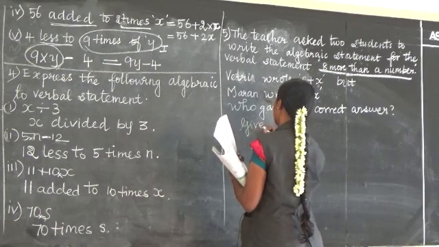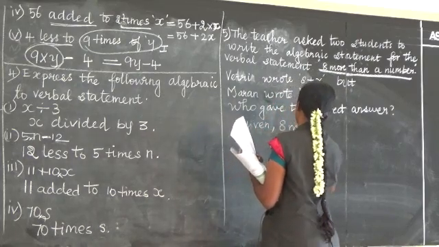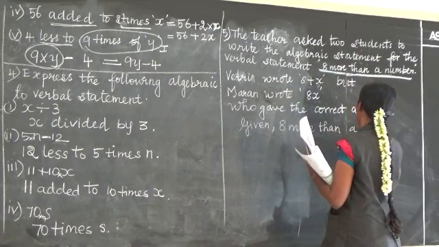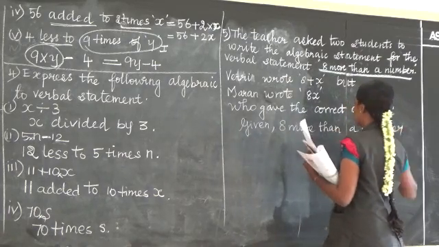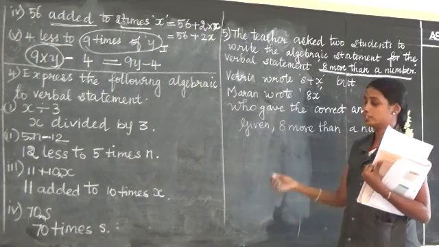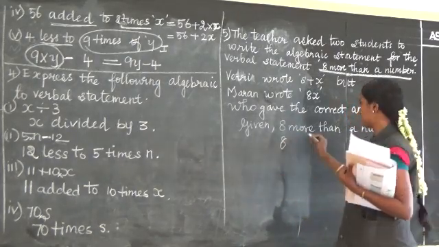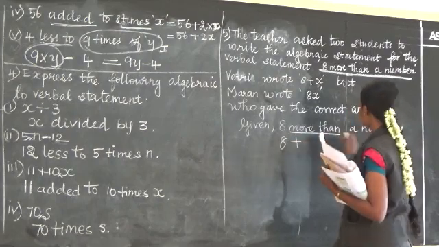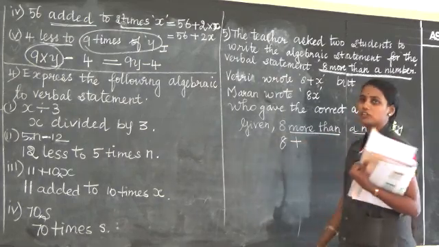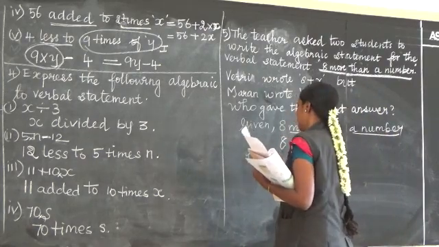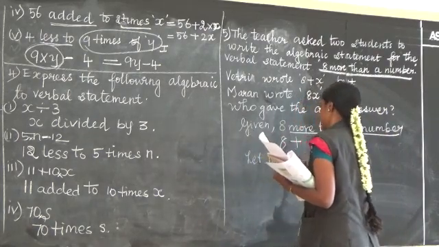The given is 8 more than a number. Write the algebraic statement. 8 more means which sign? Plus. More means plus a number. Do we know the number? No. So we can consider, let the number be x.